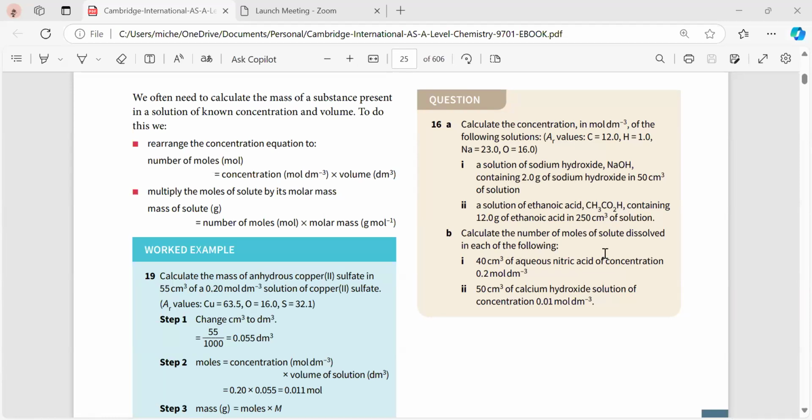So calculate the number of moles of solid dissolved in each of the following. So we have 20 cm³ of aqueous nitric acid of concentration 0.2 mol dm⁻³. First of all, to find the moles, this is the equation of moles.